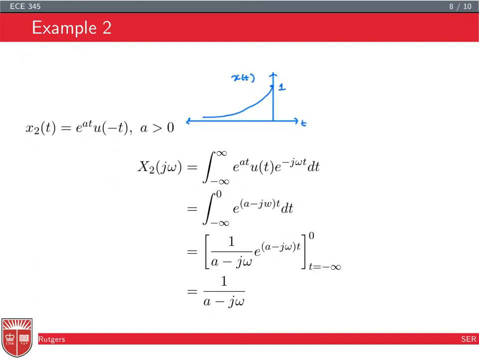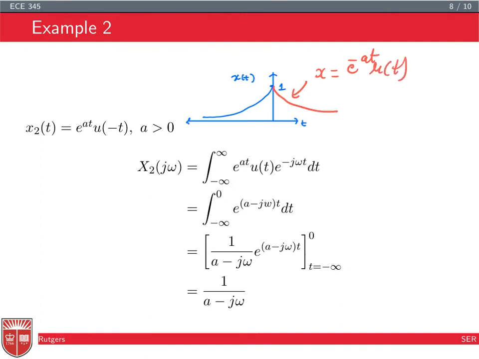Let's do example 2, which is the left-sided version of the previous signal: X2 of t equal to e to the a t u of minus t. It's the reflection of the previous signal over the y-axis. The previous signal, if I draw it here, was x equal to e to the minus a t u of t, and we're doing the symmetric of it.